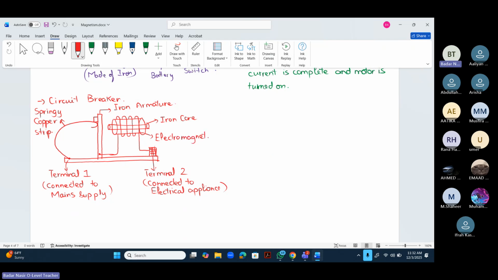So we can say the current travels from terminal 1 towards the springy copper strip. From the springy copper strip it goes into the iron armature, and from the iron armature it goes into the solenoid.